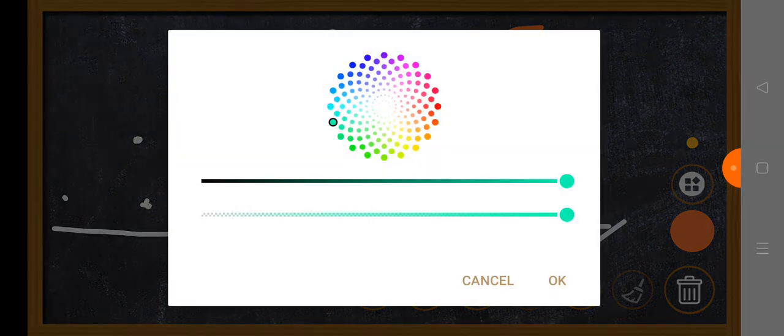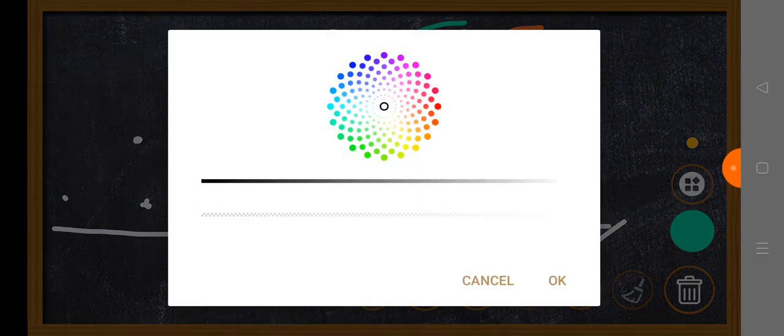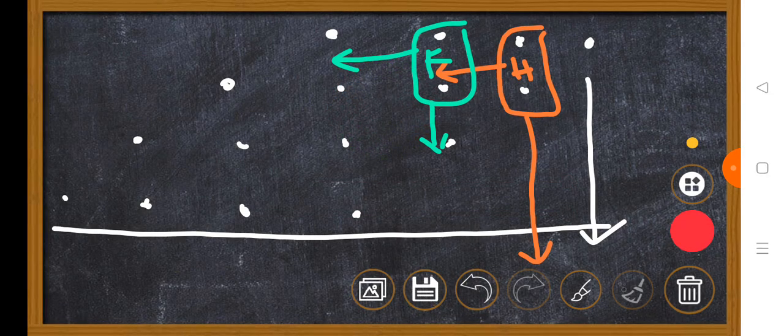For that I'm considering a full adder. These three, full adder. The sum is taken like this and the carry is taken like this. And these two, half adder. The sum is taken like this and the carry is taken like this.